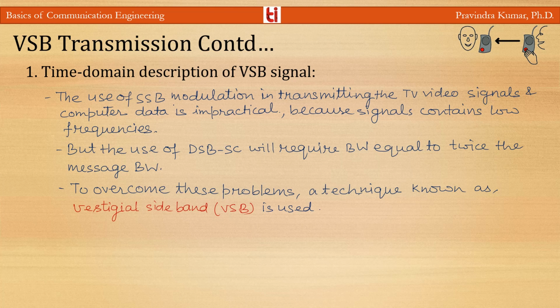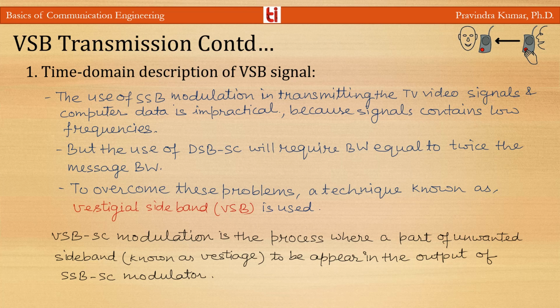So VSB-SC modulation is the process where a part of the unwanted sideband, known as the vestige, appears in the output of the SSB-SC modulation. So if we are taking the upper sideband, we will take some part of the lower sideband. This is vestigial sideband suppressed carrier.